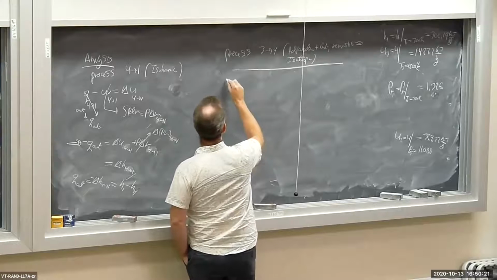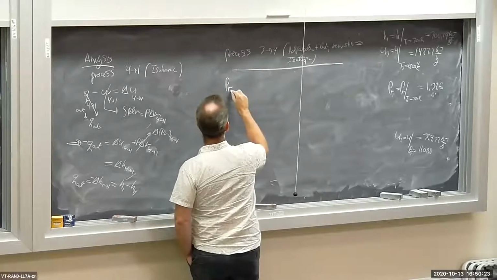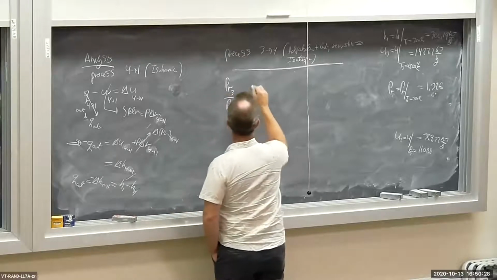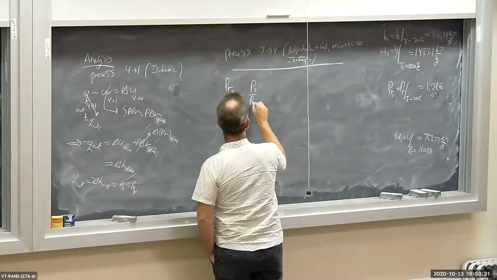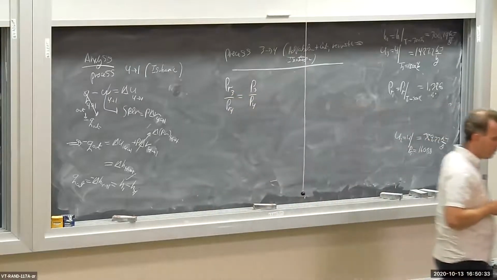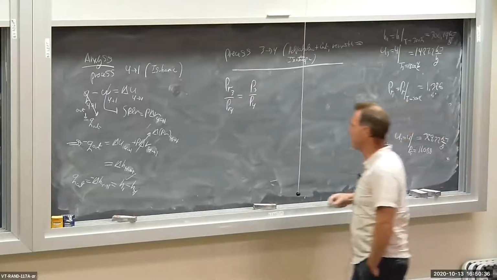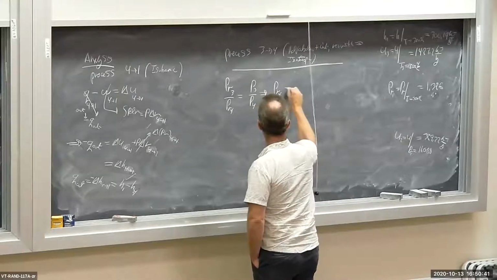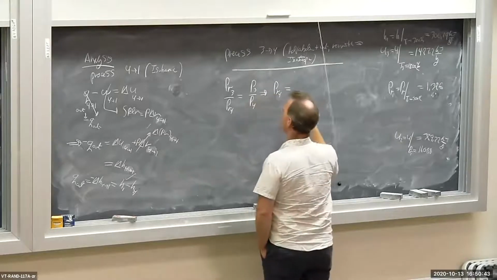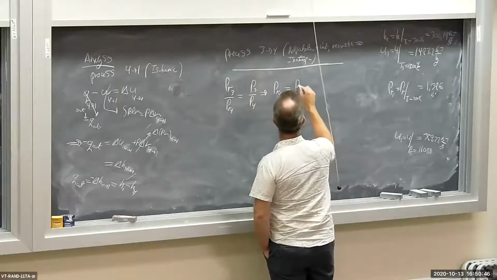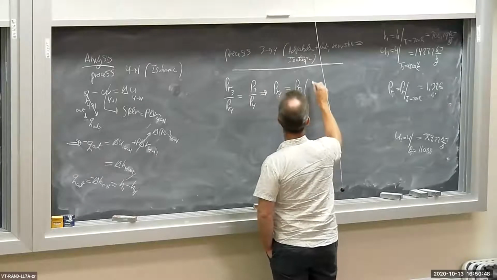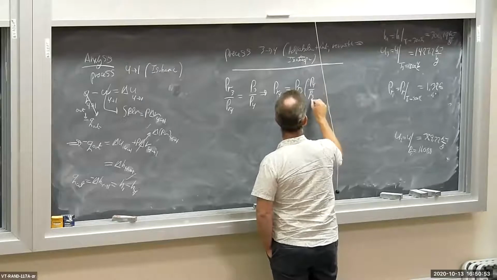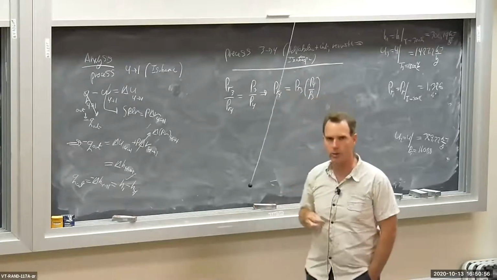So we have PR3 over PR4 is equal to P3 over P4. What I actually want is PR4. If I can get PR4, I can get H4. So PR4 is going to be equal to PR3 times P4 over P3, because it's an isentropic process.